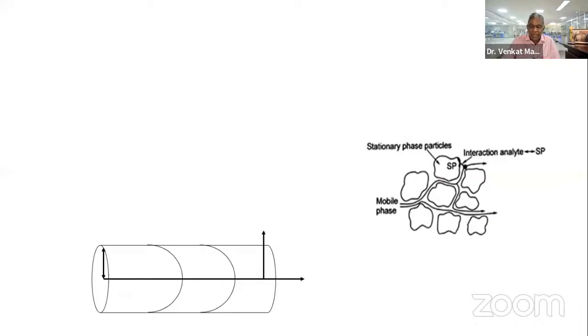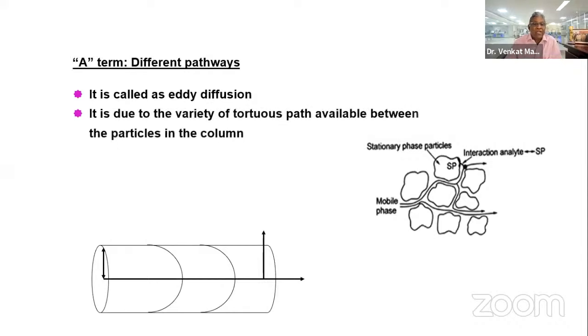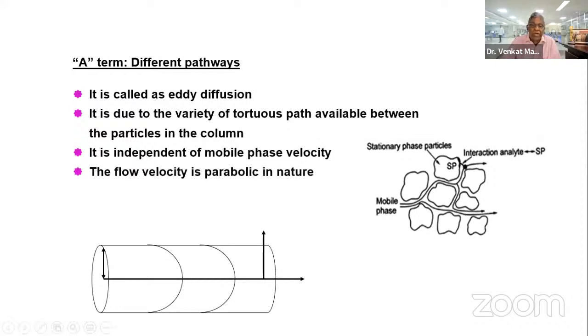Now, if you look at this in more detail, the different pathways are called eddy diffusion. The path is a very tortuous path around the particle, and it moves in the form of a parabolic motion. When it moves in the form of parabolic motion, the path can be totally different.